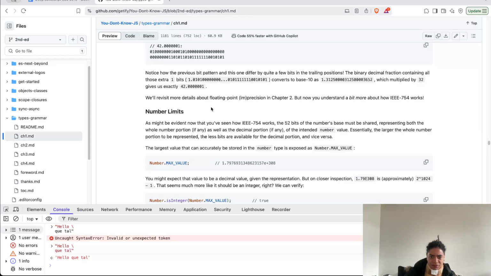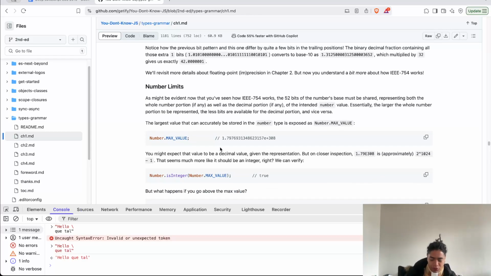as might be evident now that we have seen how IEEE 754 works, the 52 bits of the number base must be shared, representing both. So that mantissa, that 52-bit representation, must be shared between the whole portion and the decimal portion, if any.